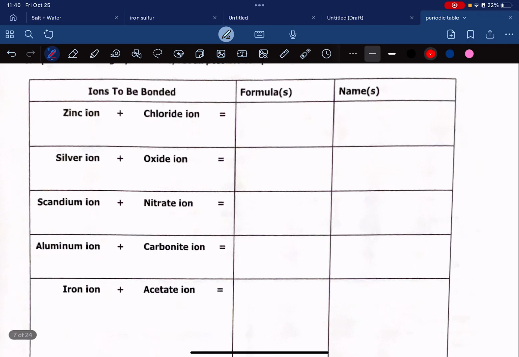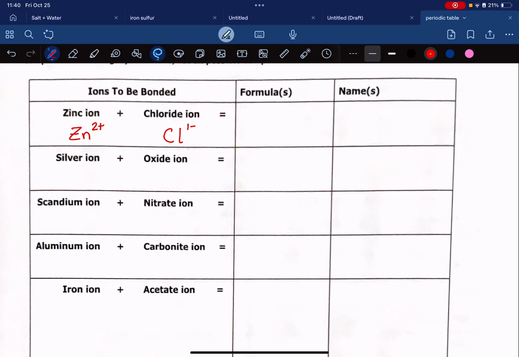So we want to figure out the formula and the name for a compound containing these two ions, a zinc ion and a chloride ion. So the way we can do that is we can say zinc has a 2+ charge. I can find zinc on my periodic table, and I see that it only has one possibility. It's going to be a 2+ ion. And chloride, of course, is just a chlorine by itself with a 1- charge, just like that.